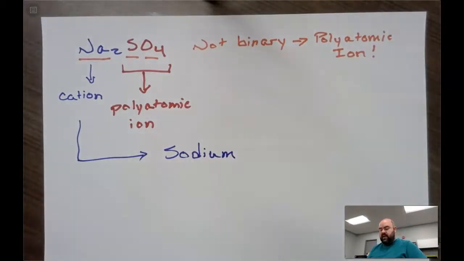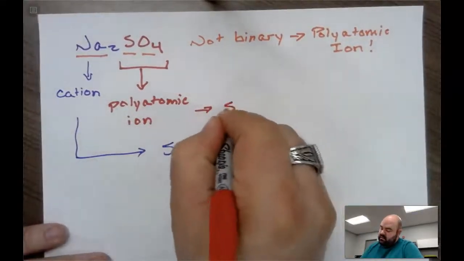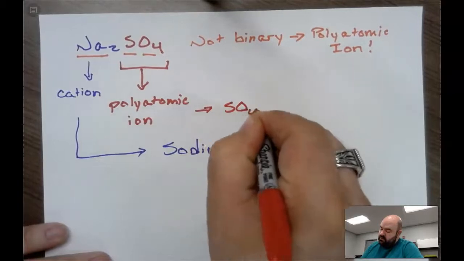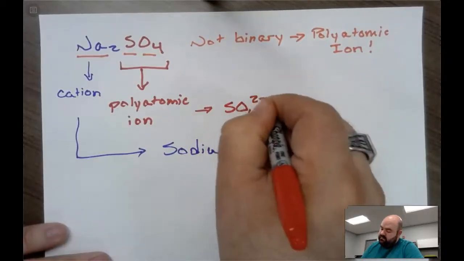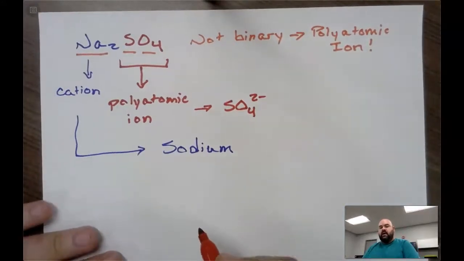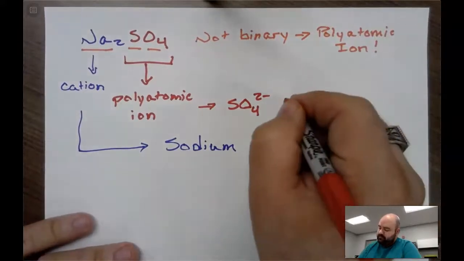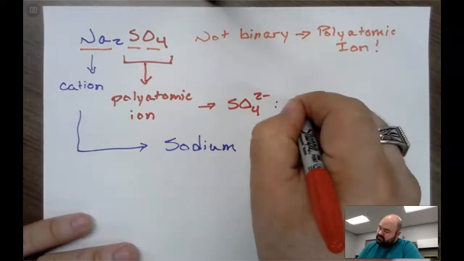Now the polyatomic ion in this situation is SO4 2-. And from the chart of common polyatomic ions that I have given you, that you have looked up, that you have memorized, whatever, I know that it is sulfate.